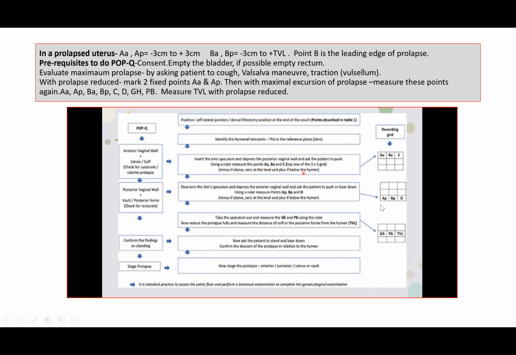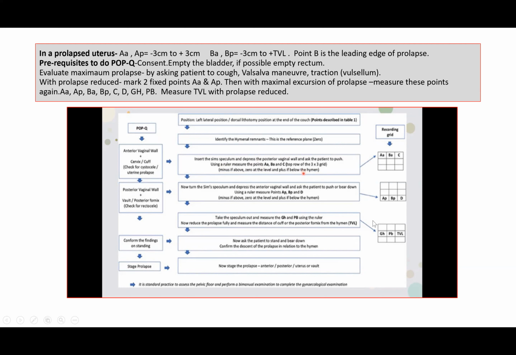After that, we have to measure the values in the posterior vaginal wall in this compartment. So when we are measuring the values in the posterior vaginal wall, we have to depress the anterior vaginal wall. Again, ask the patient to push or bear down and then measure these points, AP, BP, and D, with reference to the hymen.